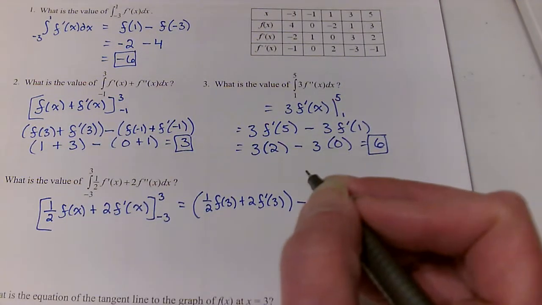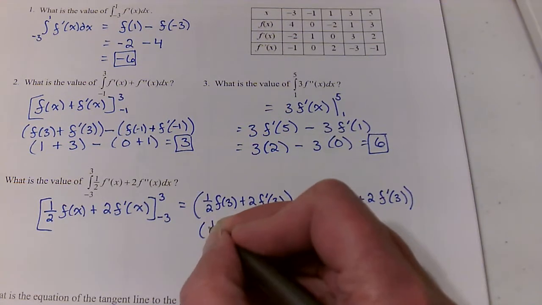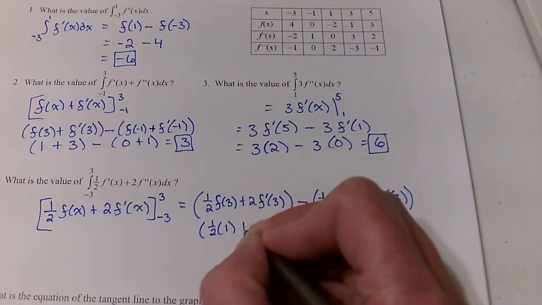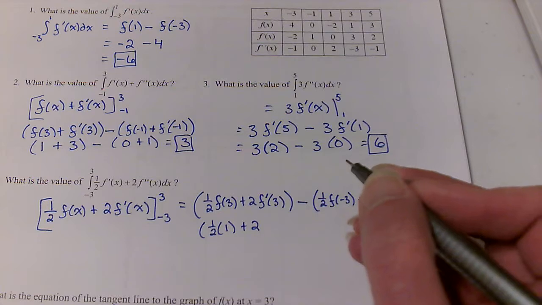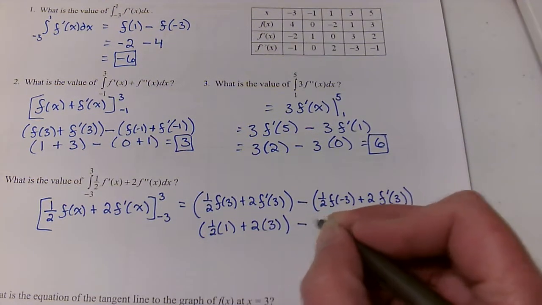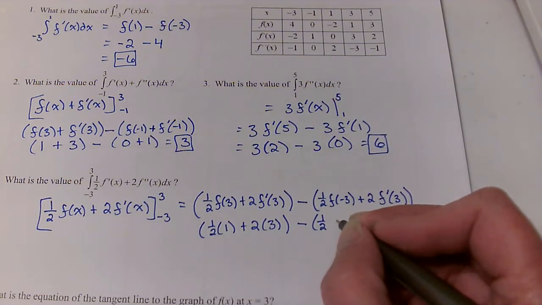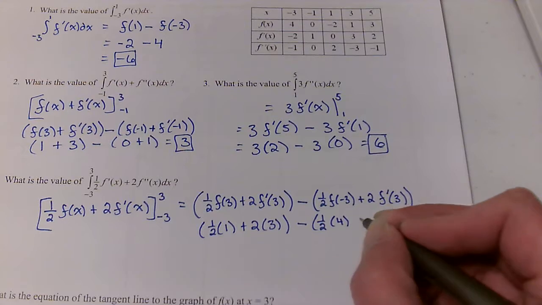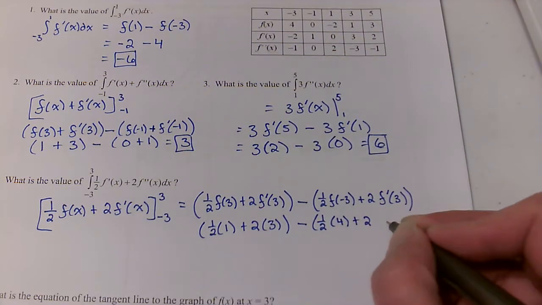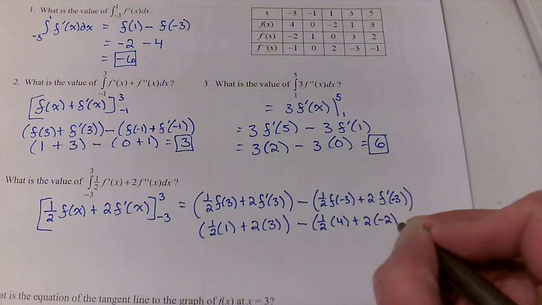If I look at 3 in the original function, it's 1. And 3 in f prime is 3. F of -3 is 4. F prime of -3 is -2.